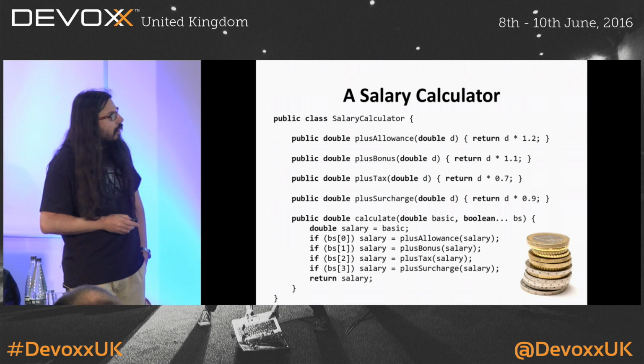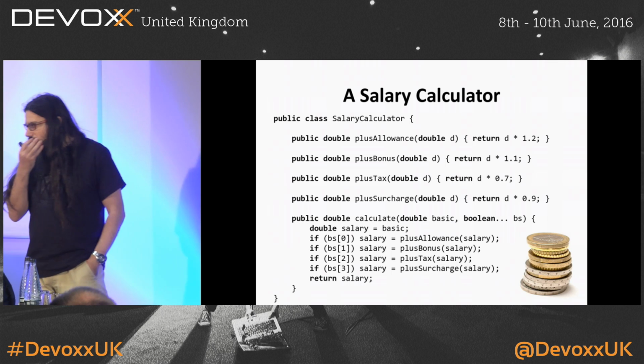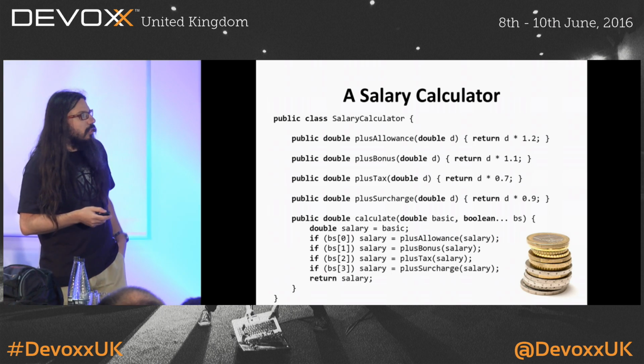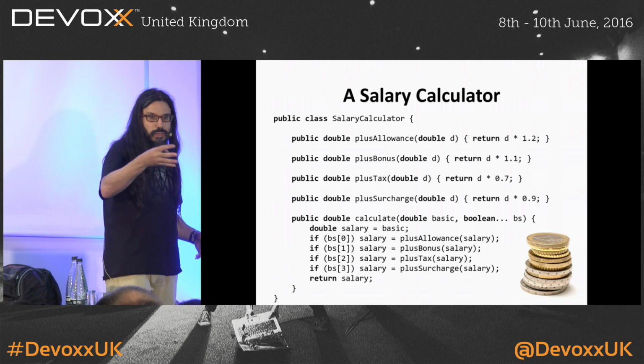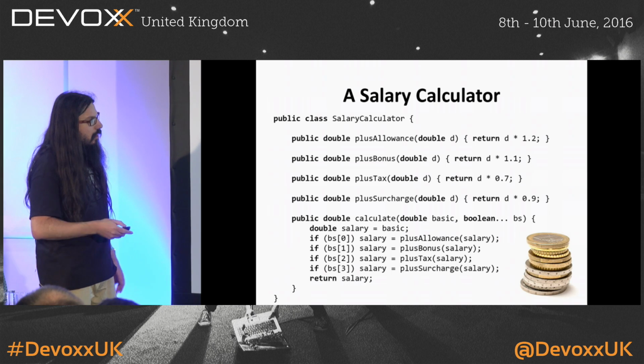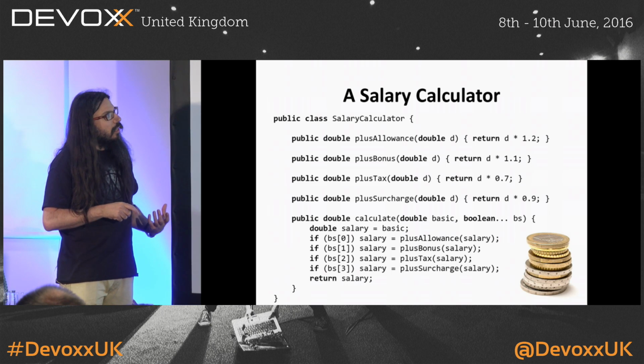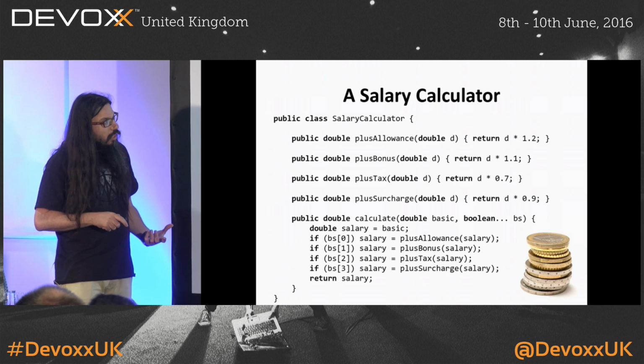Okay. Let me show you another example. I have this salary calculator. I want to calculate a salary starting from a basic, a gross salary, and then I can apply these taxes or bonuses.